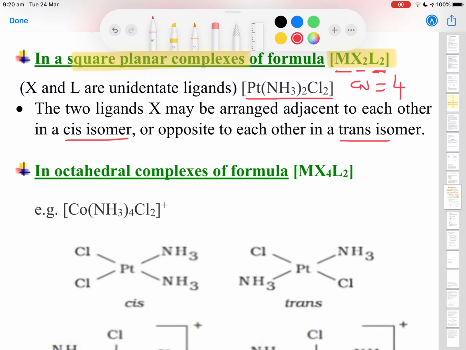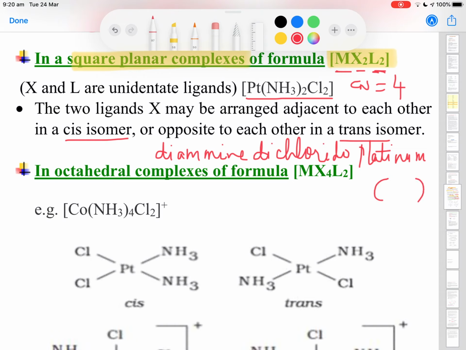Again ligand, and it's 2, so I'm going to use the term diammine, right? Dichlorido, fine enough. And the metal atom is platinum, and the oxidation state is 0 in this case.